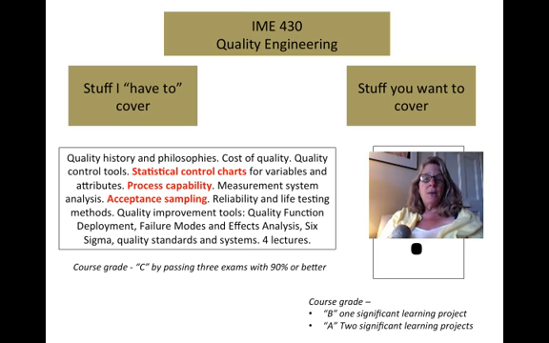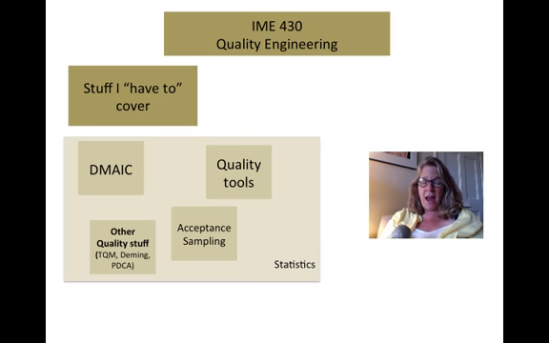But when I talk about the stuff that I have to cover, in my mind, it incorporates statistics. You can see the background is statistics, and we're going to be referencing stats a lot as we move through quality because it's an important part of it. There are 4 general areas that I'm going to be talking about. DMAIC, which is a 6 Sigma quality procedure.